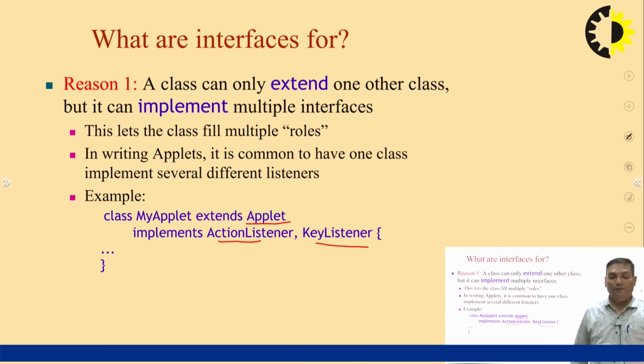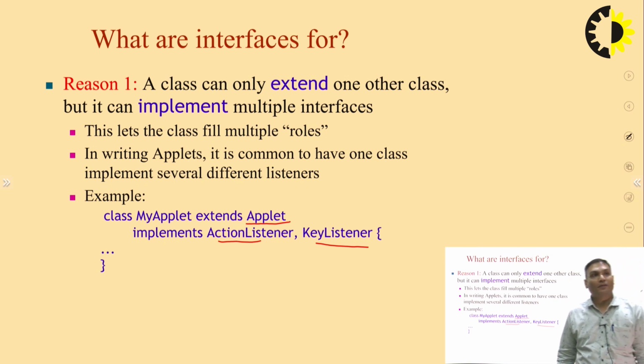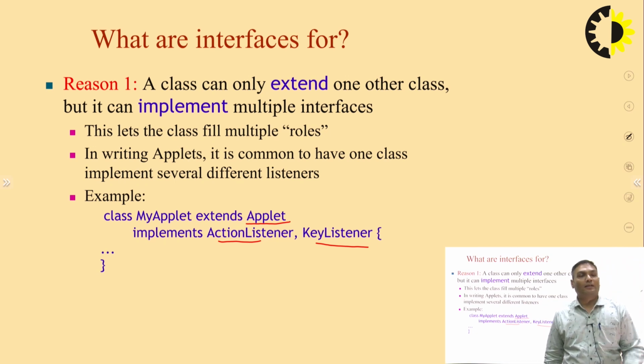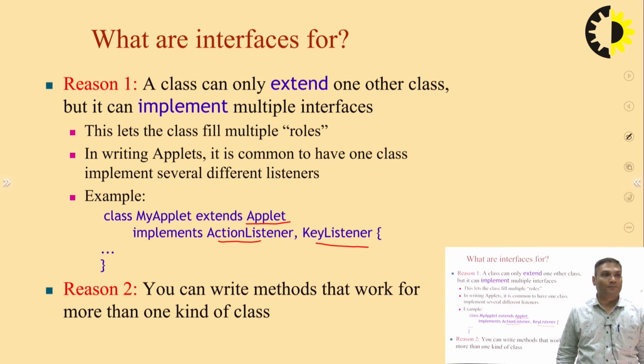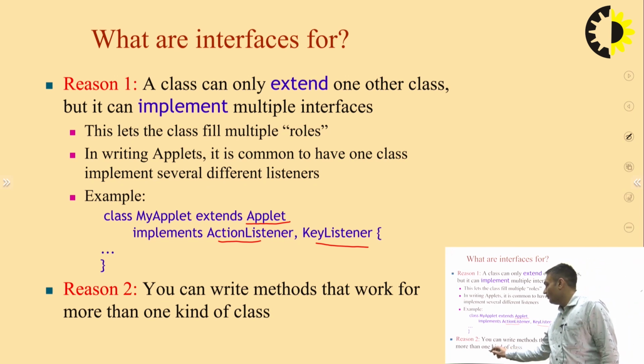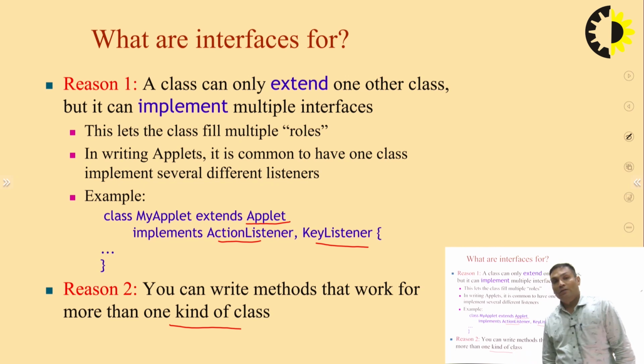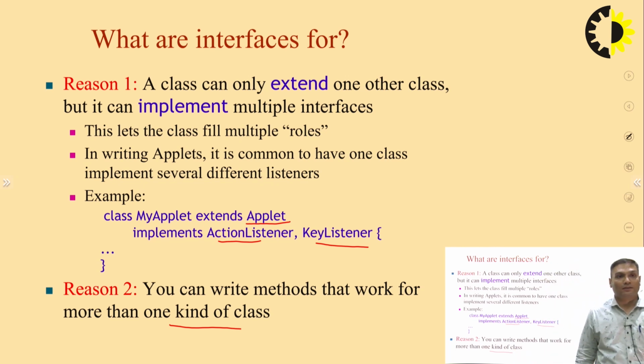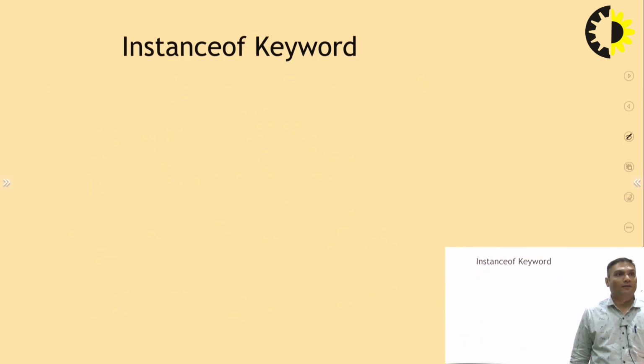The second reason for using interfaces is that you can write methods that work for more than one kind of class.